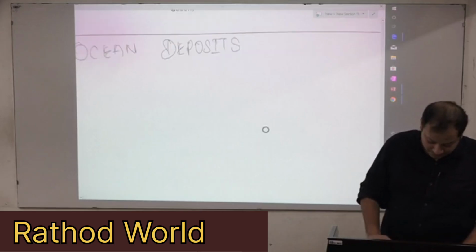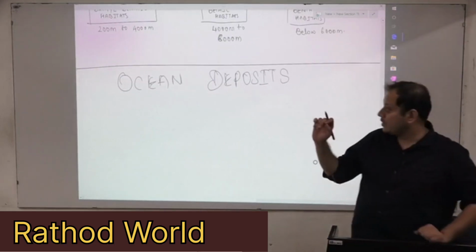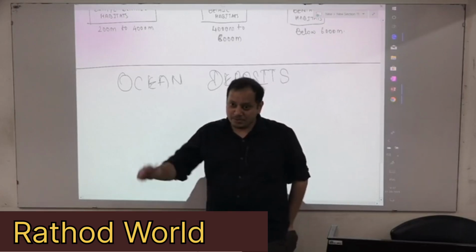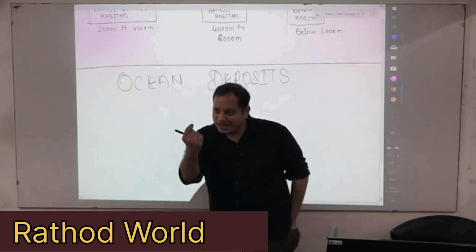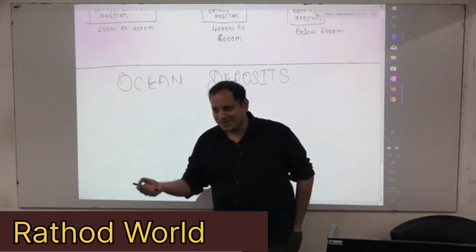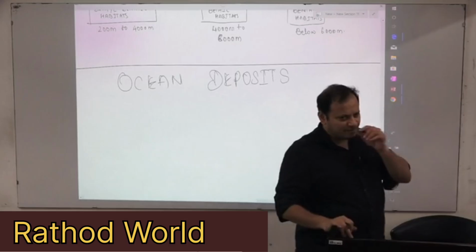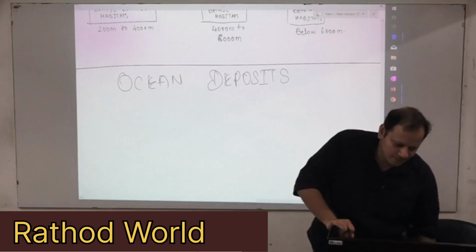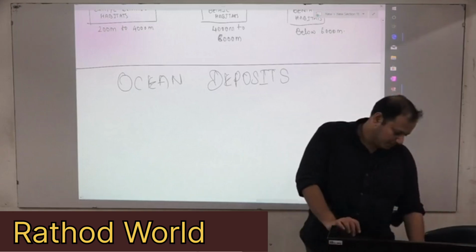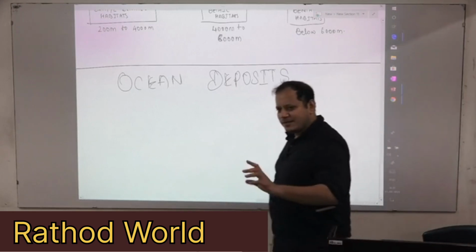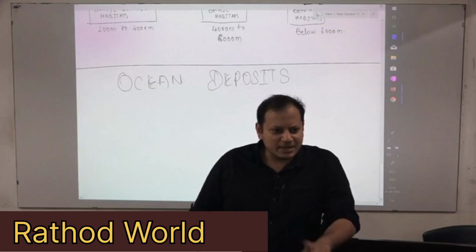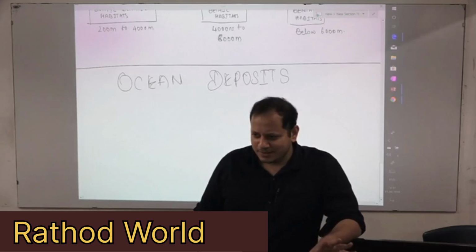Ocean deposits. We did the chapter that is ocean zones, ocean habitats or ocean biomes. Now what will be found in that biome, which deposits will be found, that is ocean deposits. Half an hour maximum. That is why I am asking: now we know, can I say in the Hadal zone terrigenous deposits will never be found.